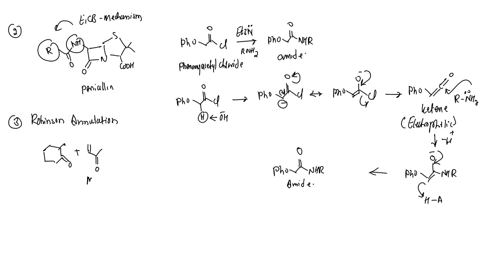This is methyl vinyl ketone, and this is the starting ketone. In the presence of a basic medium, we get a Michael addition, and we get a compound like this.